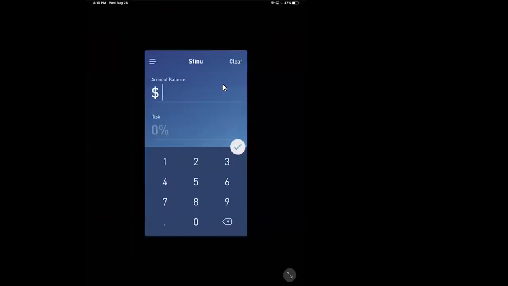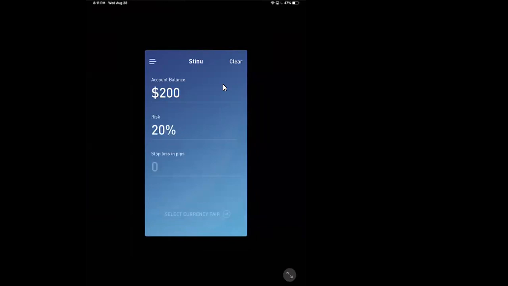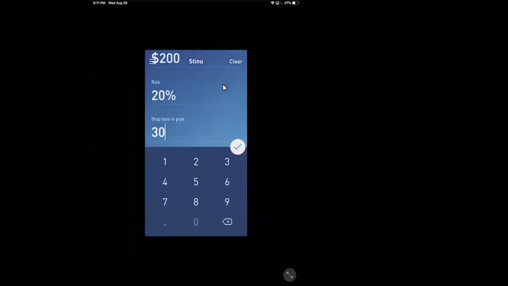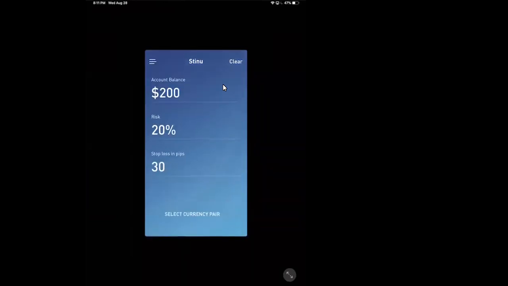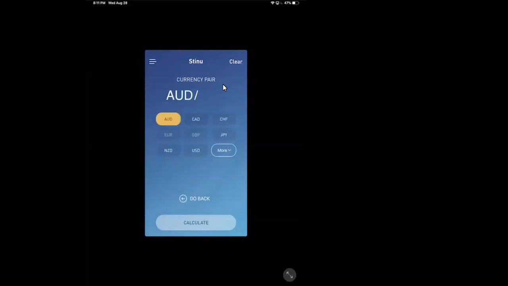So for example, this will kind of tell you exactly how much you're doing per pair. And you'll notice it's going to be very, very different. So let's say our account balance is $200. Let's say we're risking 20%. Okay. Your stop loss is 30 pips. Now we would actually have to select the pair.